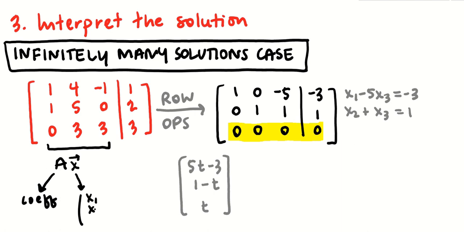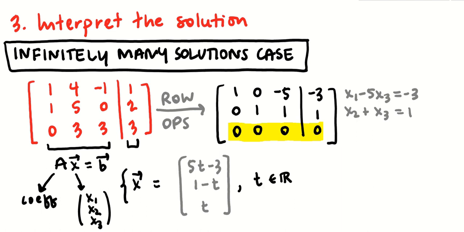X is, in this case, x1, x2, x3, the solution that we're looking for, equals vector B. Our system of linear equations is equivalent to the matrix equation AX equals B. And our solution set is X equal to a vector like this, with t being some real number.